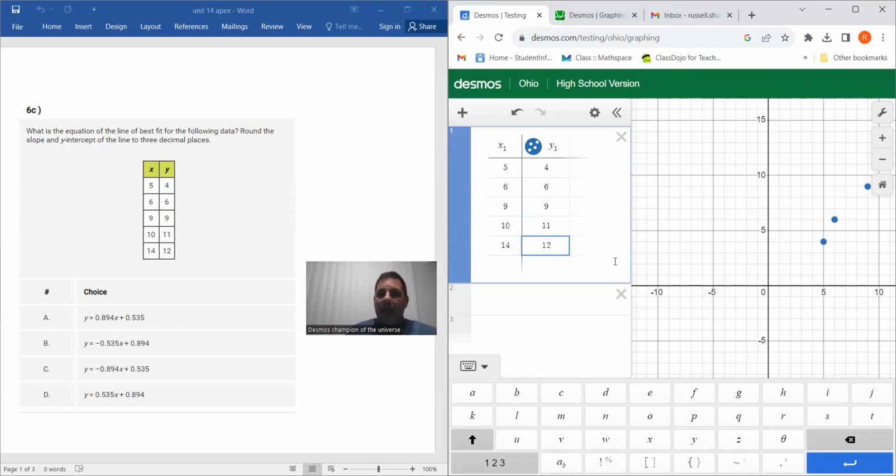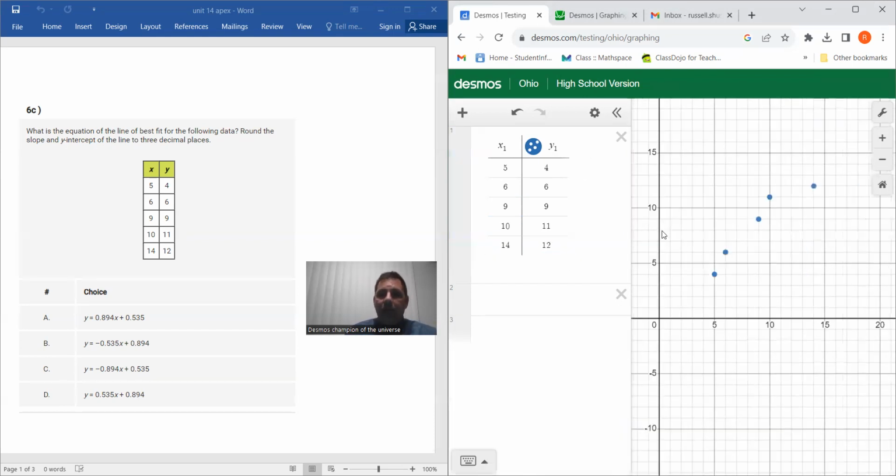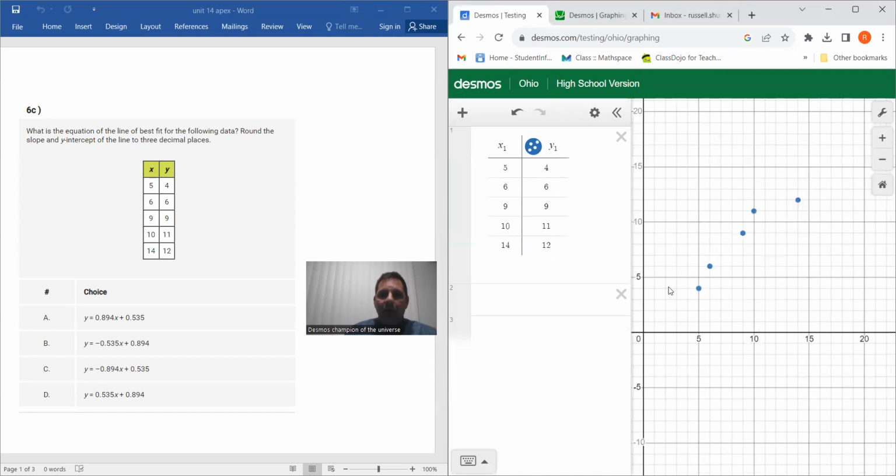And there's our table. The one thing to also notice is, as you put those in the table, it plots the points. Now, those aren't going to be a perfect line, but what Desmos will do is find the line that most closely approximates those values. Since it's a line, we're talking y equals mx plus b form.